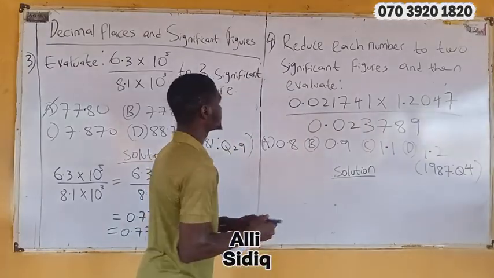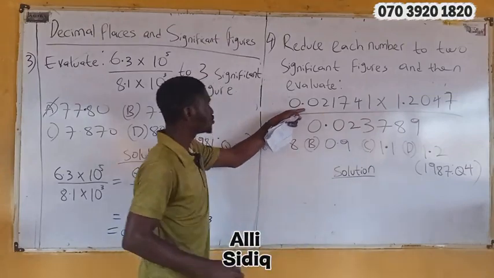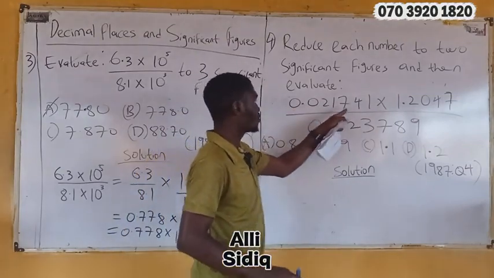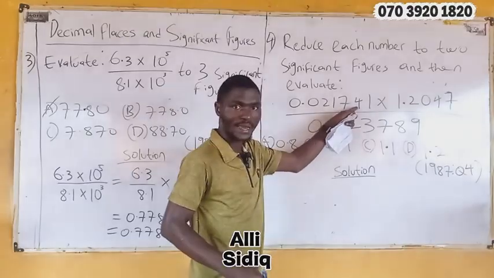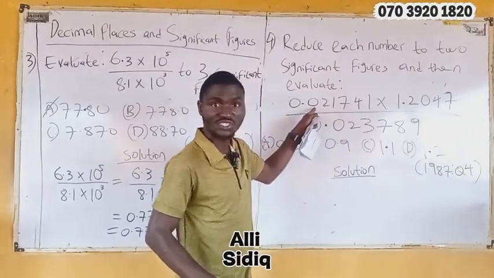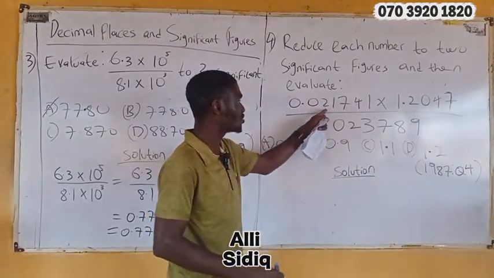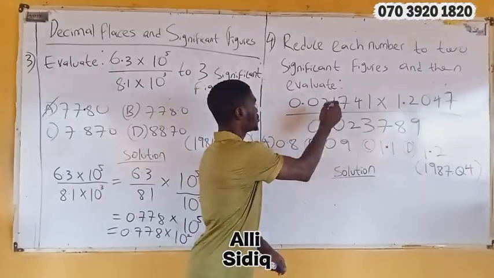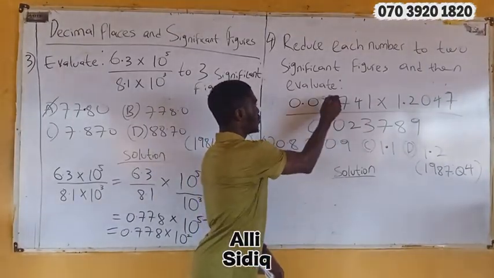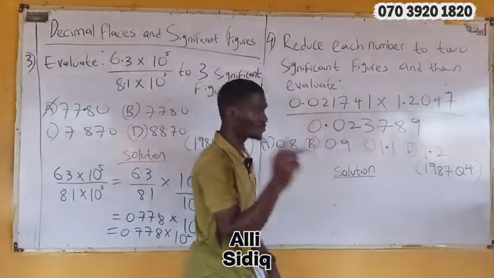Now, let's start. To reduce this to 2 significant figures, our normal rules apply. Start from the first non-zero. In significant figure, you start from the first non-zero. And what is our first non-zero here? It is 2. So let's do our boundary to 2 significant figures.